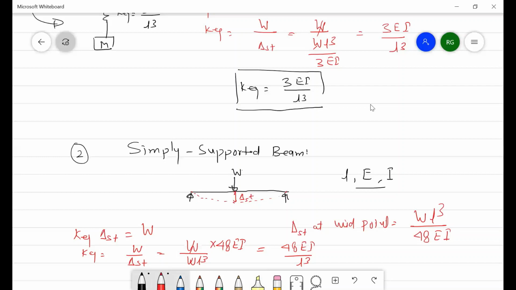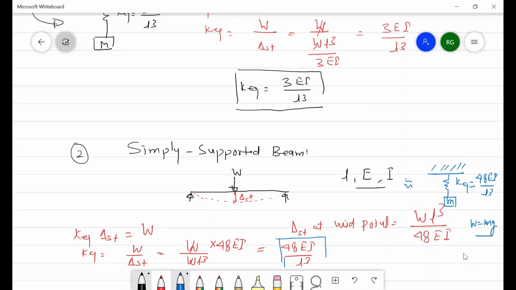Now this simply supported beam can be modeled as a simple spring mass system, and this spring has K equivalent equal to 48 EI over L cube, and this is mass M, where W equals mg.